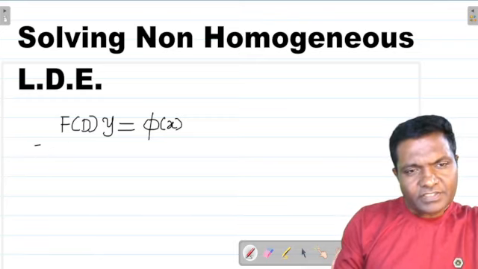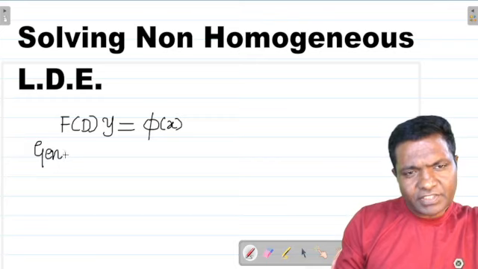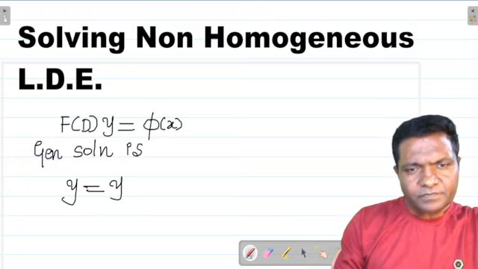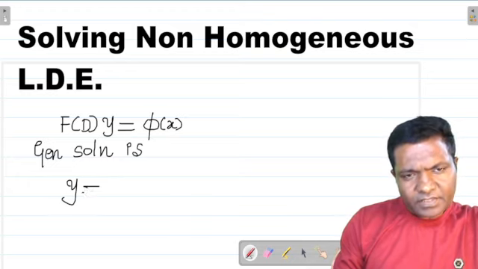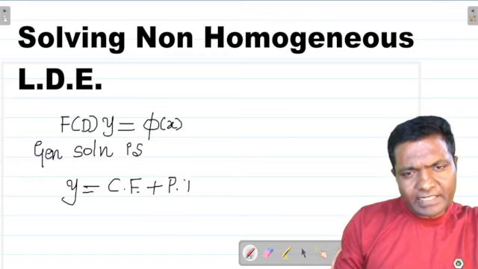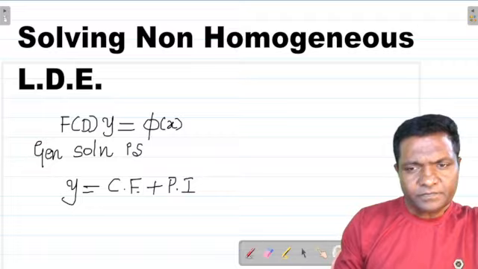The general solution of this differential equation will have two parts. The general solution is given by the sum of two parts: y is equal to the complementary function, CF, plus the particular integral, PI.